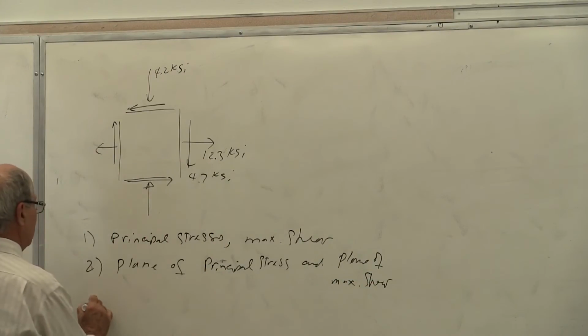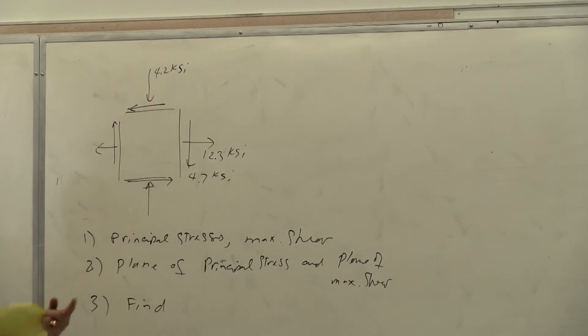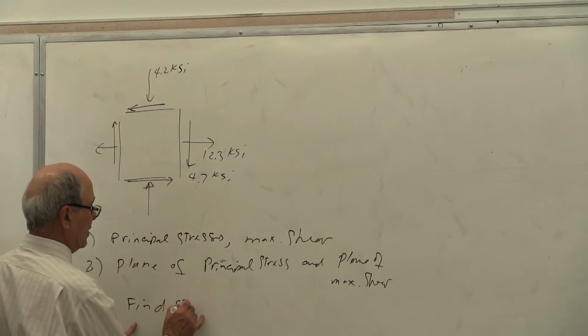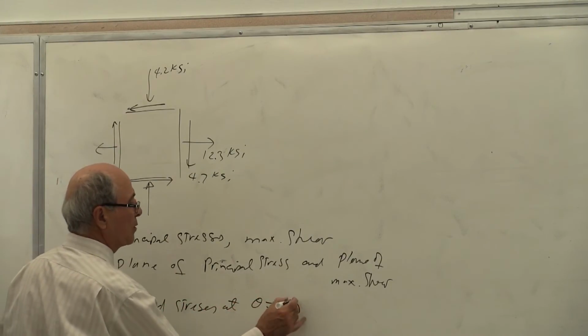And finally, find the stresses. This is something we didn't do for ME218 or ran out of time. We want to find stresses at theta equal to minus 15 degrees.